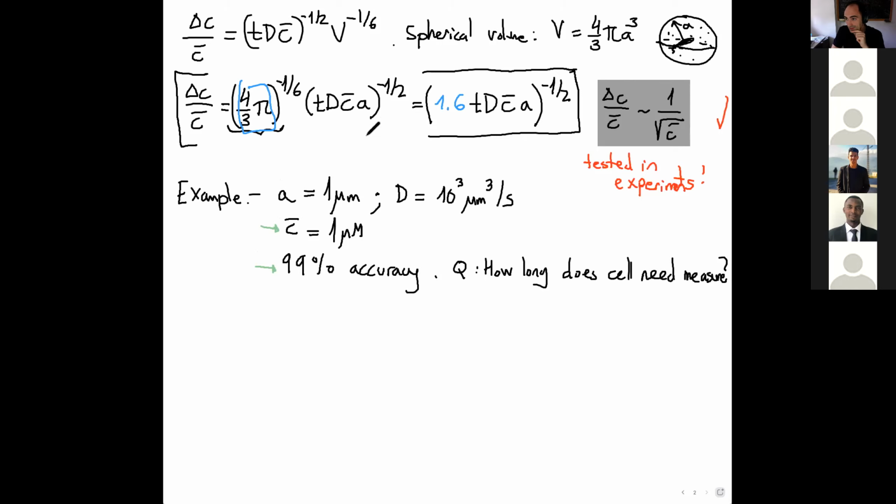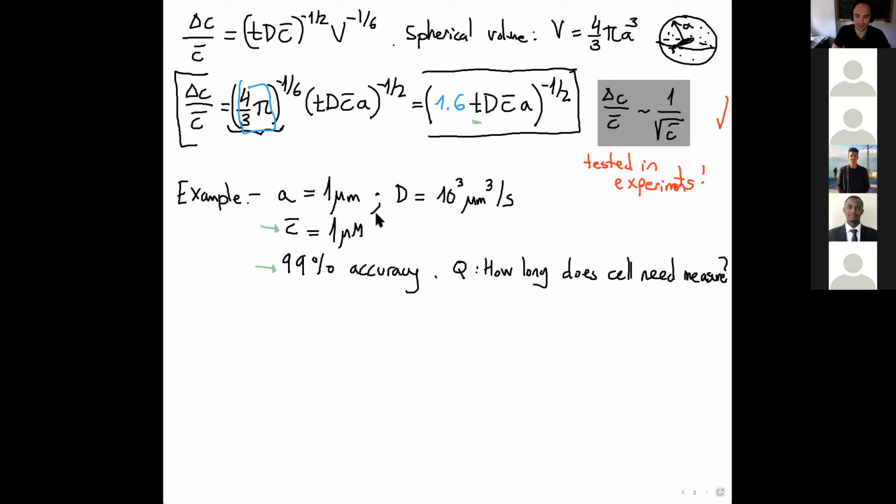This formula gives you an estimate for this problem. How long means I would like to know T. T is in seconds, A is in microns, and C is in micromolar. But I showed you in my previous lectures how to convert this into microns.